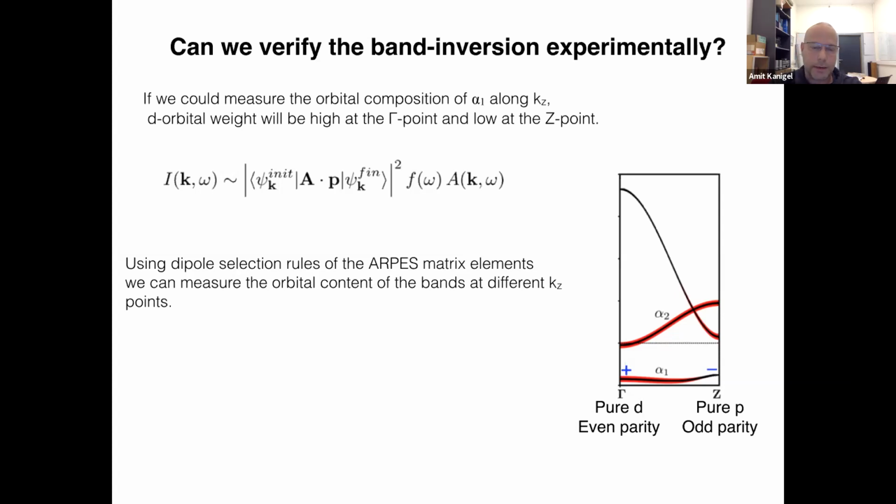So if we can somehow arrange the experimental geometry in such a way that the RPES will pick, for example, only the d or only the p, we could maybe see a difference in the intensity between these 2 points. Okay?